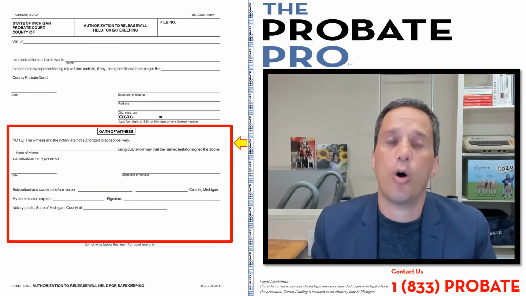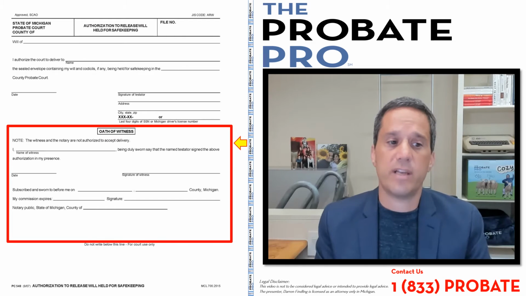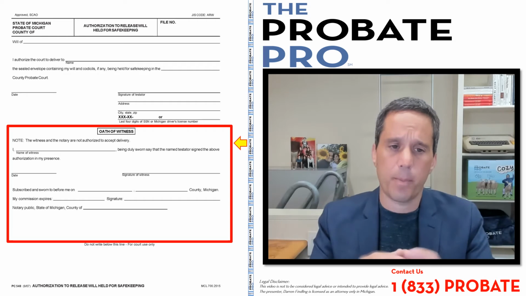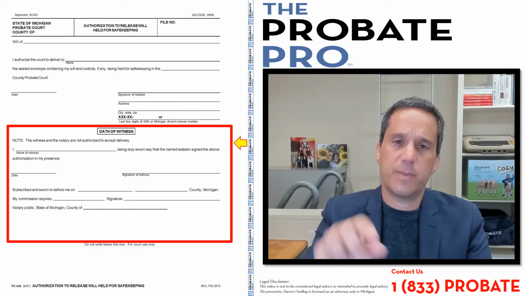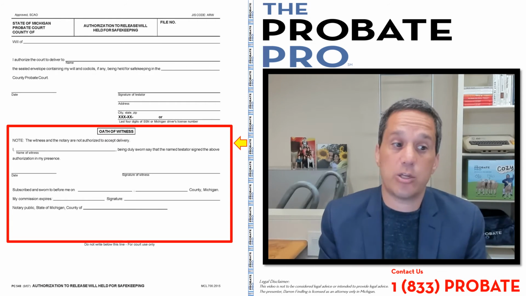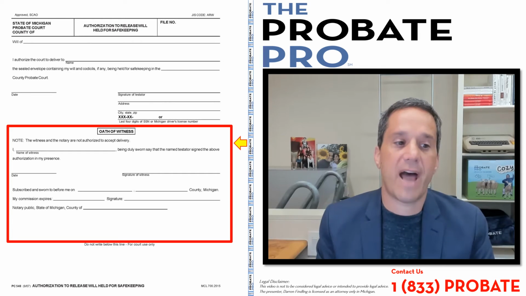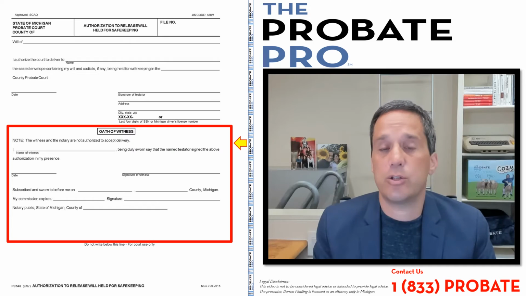Below it is the oath of a witness. And the witness and notary are not the ones receiving the will. So for example, if the will is being released to Jane Doe, Jane Doe can't be the witness or notary in this oath of witness. It provides for the name of the witness, that they're being duly sworn.